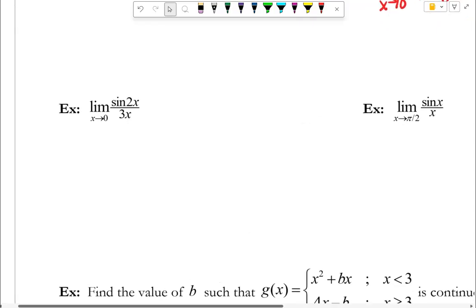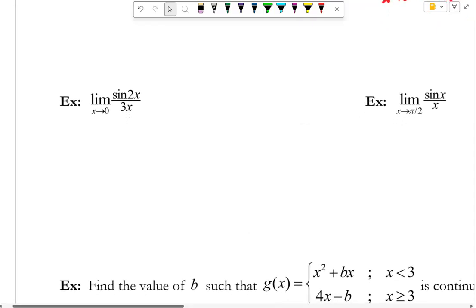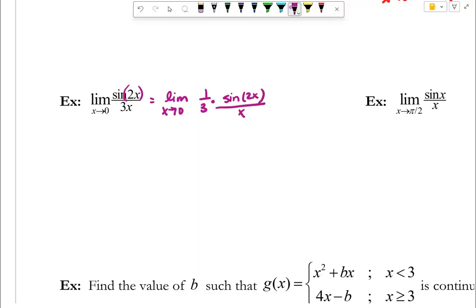All right, this bottom left example, again, looks like something that we can manipulate to look like our other trig limit that we said we wanted to memorize. The first thing I would have you recall is that we can't do anything about this 2, but I could think of this as the limit as x approaches 0 of 1/3 times the sine of 2x over x. So I'm pulling that 3 from the denominator out separately, calling that a 1/3.